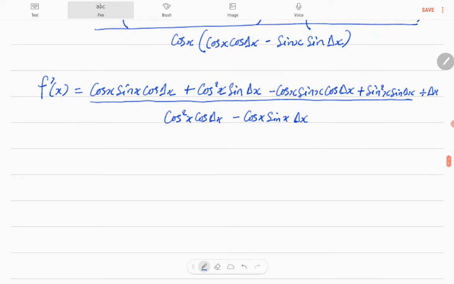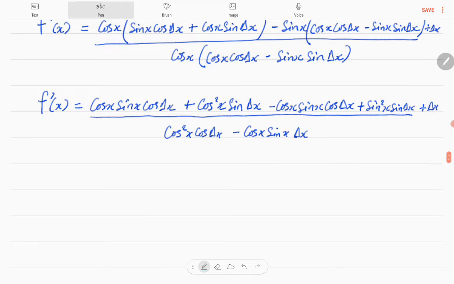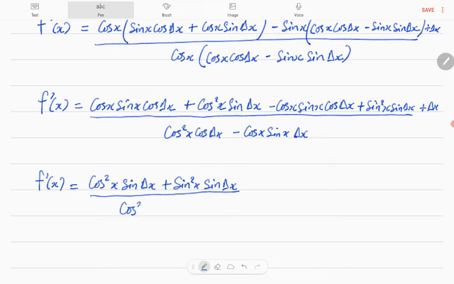So from here, minus cos x sin x cos dx, we cancel cos x sin x cos dx, so we'll have our f prime of x, we will be left with cos square x sin dx plus sin square x sin dx, divided by cos square x cos dx minus cos x sin x dx.